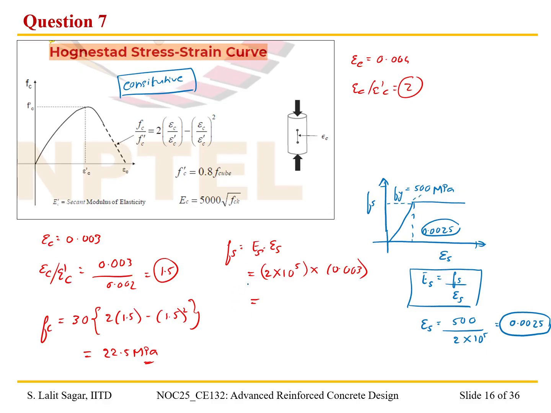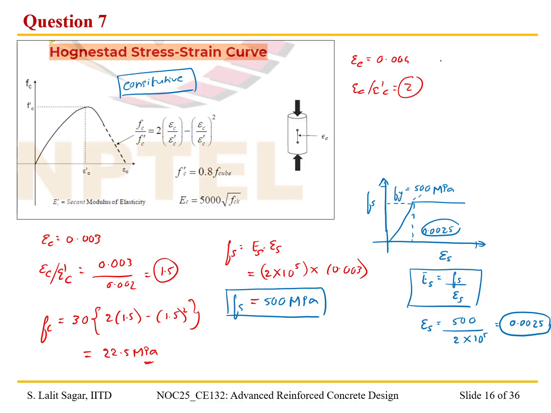So for this particular case of epsilon c equal to 0.003, we have Fs equal to 500 MPa. Now let us keep it aside for a minute, and let us go back to this.